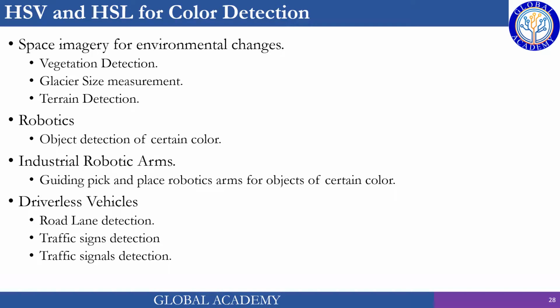Like in space imagery, for environmental changes, vegetation detection, glacier size measurement, terrain detection, and similarly in robotics, say we have a robot, we can detect objects of certain color, and similarly in industrial robotics, where we can guide a pick and place robotic arm for objects of certain color, and especially driverless cars, where we can do road lane detection, as we discussed on the last slide, and traffic sign and traffic signal detection.